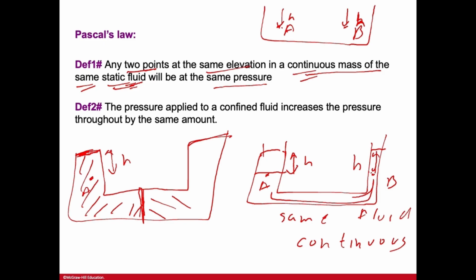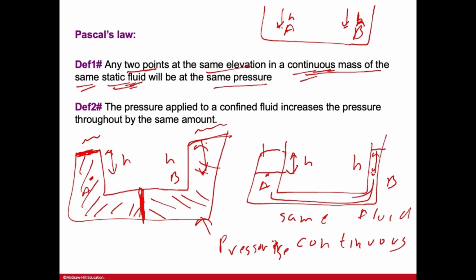Now this side is also filled with water, and you're looking at point B and the height here is the same h. But since it's no longer continuous, because I created a wall to separate it, in theory I can pressurize this container to have a higher pressure at B, because this is no longer exposed to the atmosphere. There is no exposure to the atmosphere at the top because it's completely sealed. And that's the whole point, it has to be a continuous mass of the same fluid.